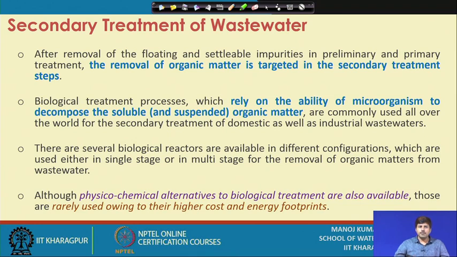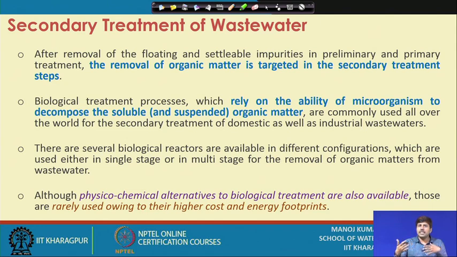The physicochemical processes in fact could be more effective in removing organic matter because of the higher control on the processes, but they are rarely used because their cost is very high and their energy footprint is quite high. Because of this cost and energy footprint, these processes are generally avoided.